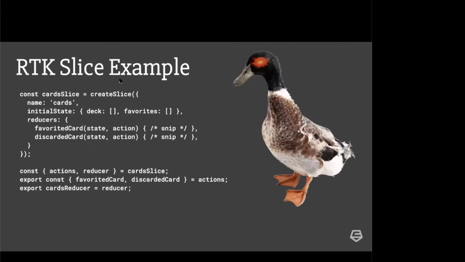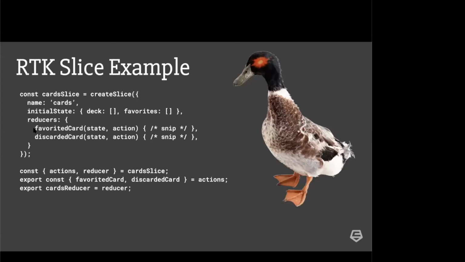So building upon that, now we have the Redux Toolkit slice implementation of this same suite of code. You can see here with createSlice, we provided a name, and this is used to populate the action names. So if everybody has a reducer function named favoriteCard, the actions that are generated from each slice are namespaced so as not to step on each other's toes.